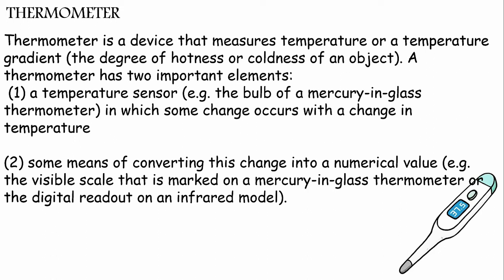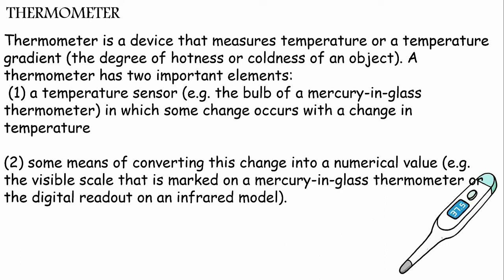It means the mercury inside the glass. It is the common thermometer which is used, where the common thermometer has mercury, and the other thermometer is digital. It has two parts: the temperature sensor and some means of converting it into a numerical value.